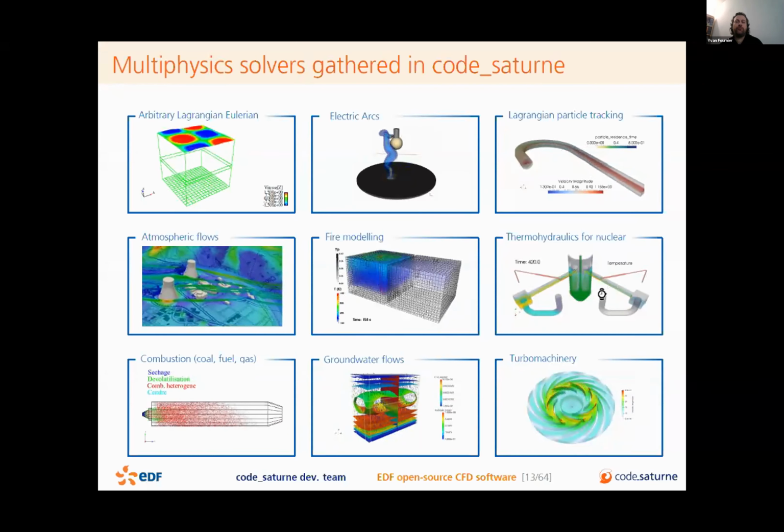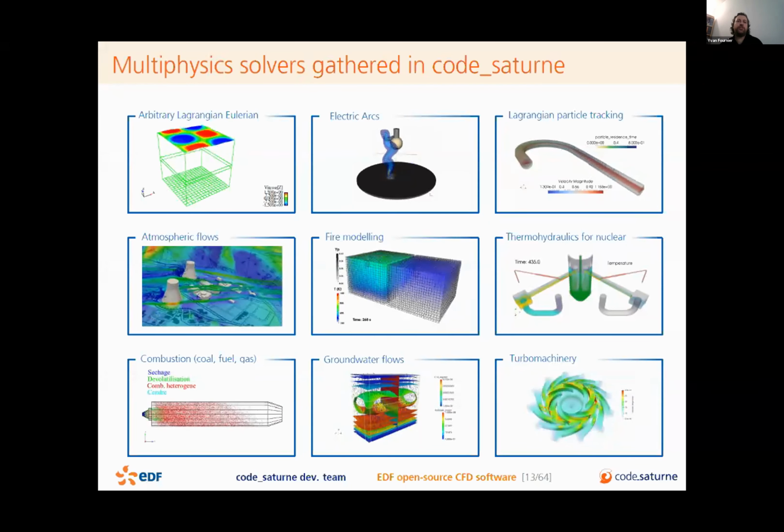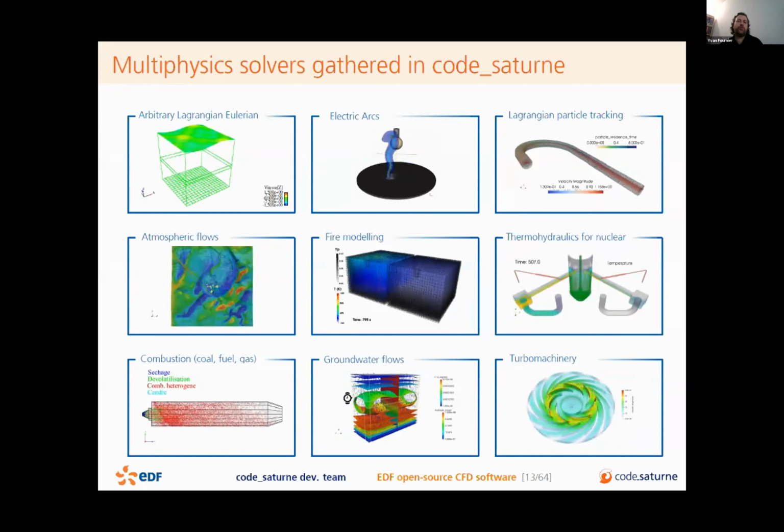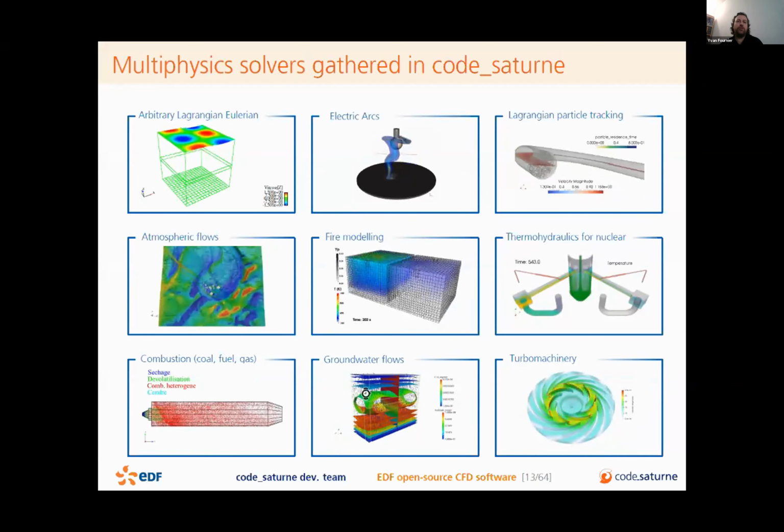A lot of different and advanced RANS models, LES. It can go up to DNS, though it's not specialized for DNS. And some other combustion models, which are not used as much. Groundwater flows, which is not really Navier-Stokes, which is simpler flows, but which can be used with the same tools.